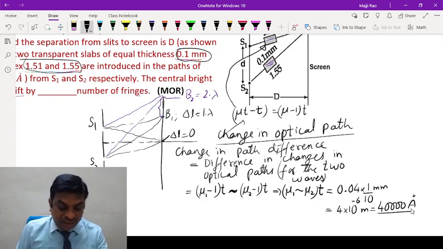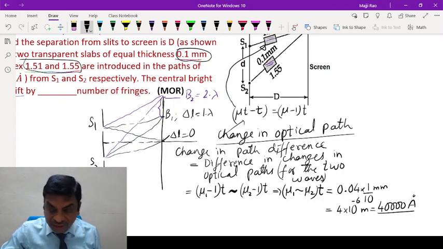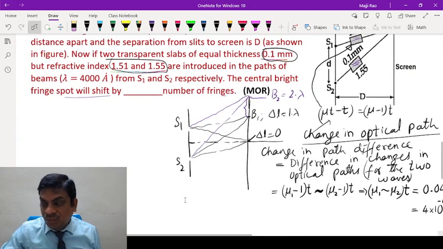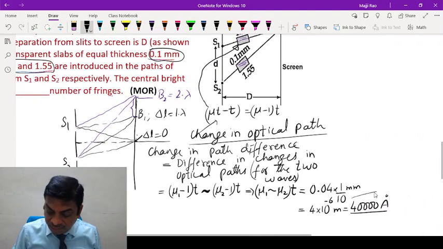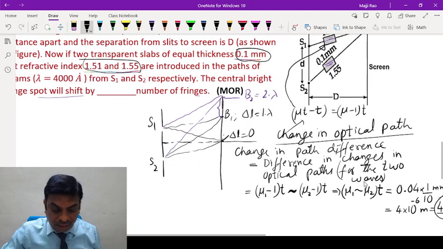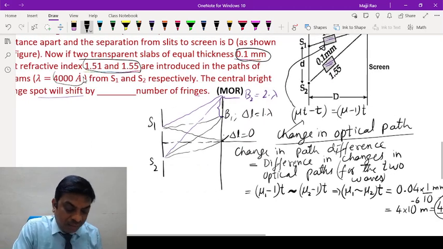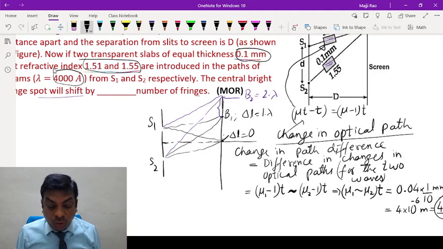Now, as we discussed just now, a difference in path difference corresponding to 1 lambda results in 1 fringe. So that means if you divide this result by lambda, and lambda is 4000, you get the number of fringes that cross the center bright fringe.